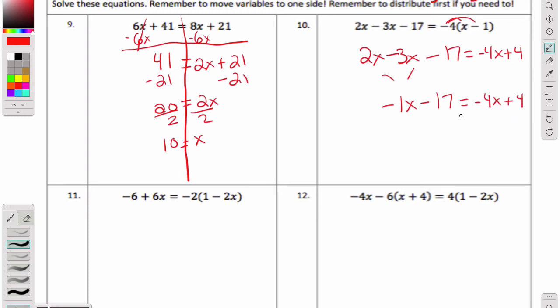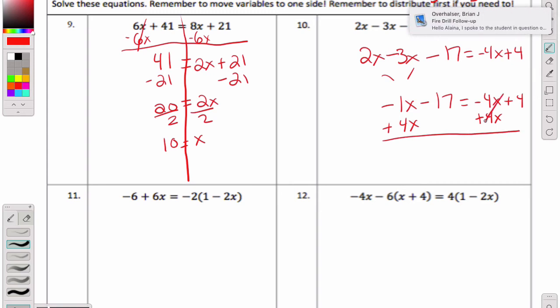All right. Now I don't have any like terms on either side, so I have to make 0. So I'm going to mess with my x's first. So I'm going to get rid of those. So plus 4x on either side. Do that. And then I end up with 3x minus 17 equals 4.